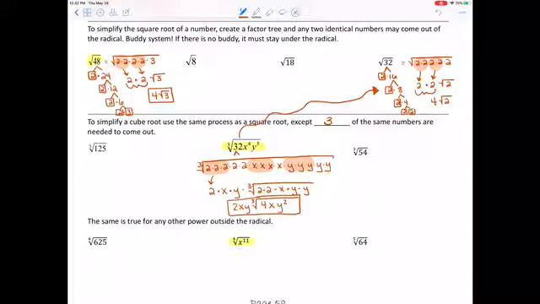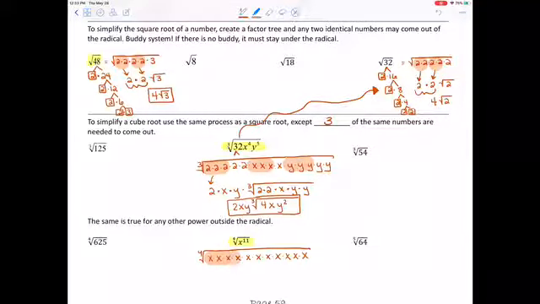Okay, let's take a look at doing this fourth root at the bottom of x to the 11th. So x to the 11th means that I have 11 x's. That's 1, 2, 3, 4, 5, 6, 7, 8, 9, 10, 11 x's. And we want groups of 4.